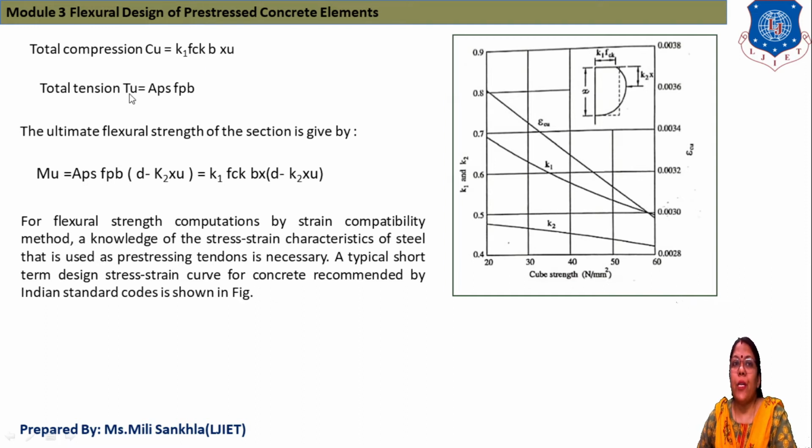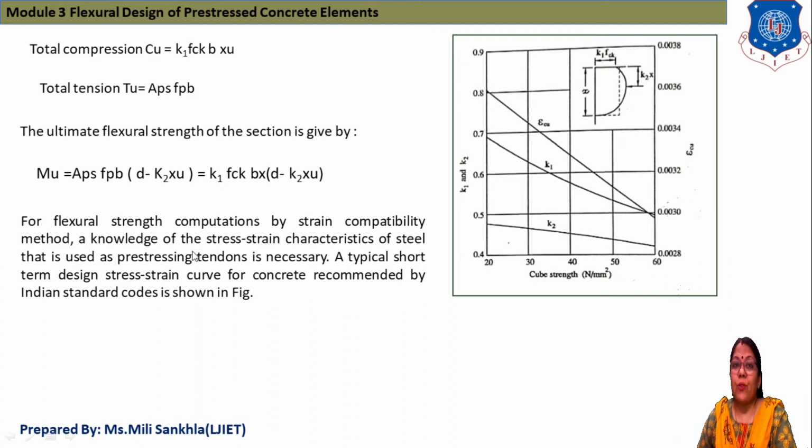Total tension Tu is equal to Aps into Fp. Ultimate flexure strength of section is given by Mu equals Aps Fp B, D minus K2 into Xu, and finally K1 Fck B into D minus K2 into Xu.